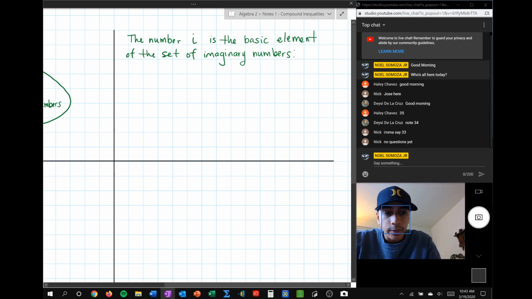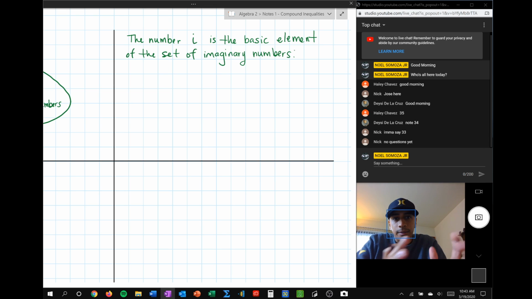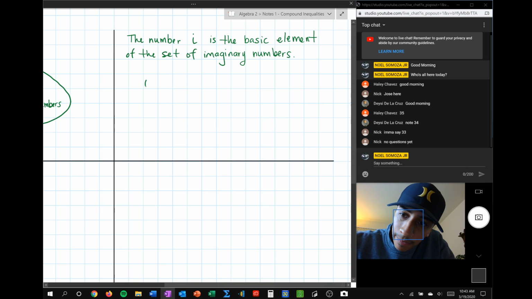Here's how we define it. Now when I define something, that means that is exactly what it is, right? So i is equal to the square root of -1.